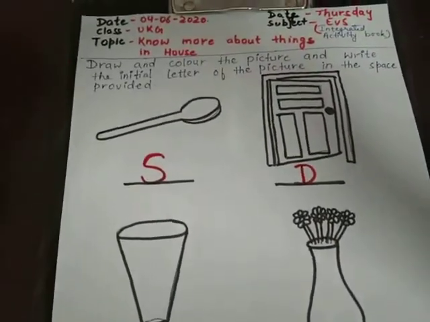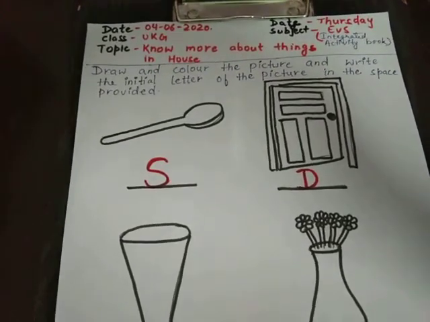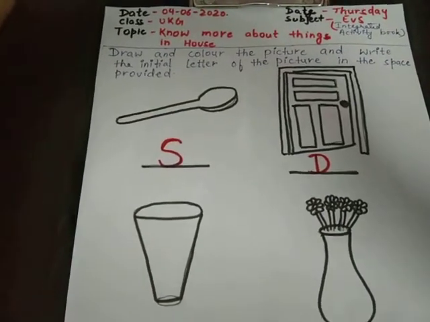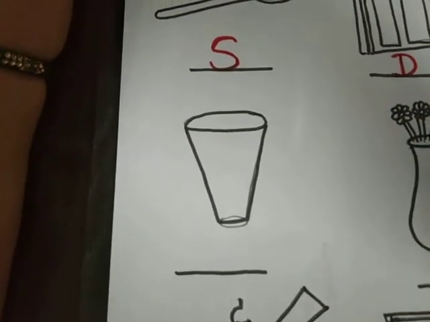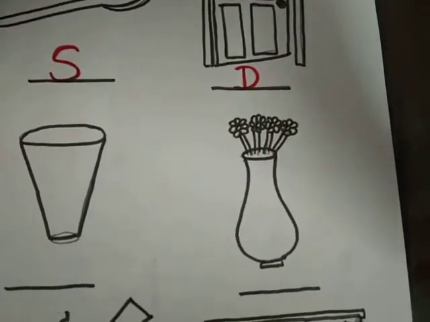But before that you have to draw and color the picture, and then write the initial letter. Now the third picture, you can recognize it easily. It is a glass. G for glass.